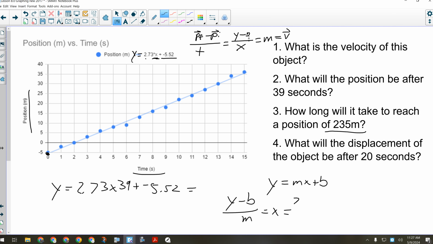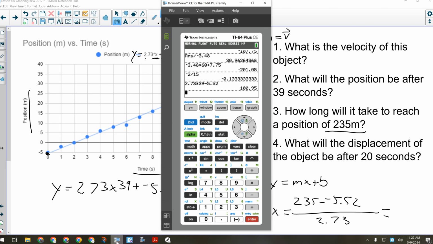So that'll be 235 minus negative 5.52 divided by 2.73. That'll tell me how long it takes to get to a position of 235 meters. So 235 minus negative 5.52, and divide that by 2.73. It's going to take 88.1 seconds. All right.